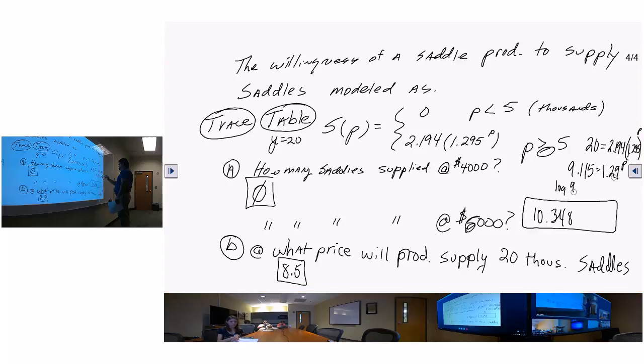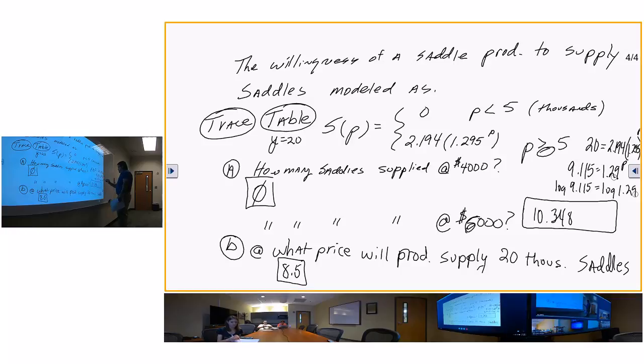Log of 9.115 is equal to... are y'all listening or what? Log of 1.295 to the p power. And you can actually solve that by bringing the p out front. God, I'm so good. See, I can do the math, people. Problem is, I can't follow this book. Take the p out front. Hold on a second. Let me find my board.